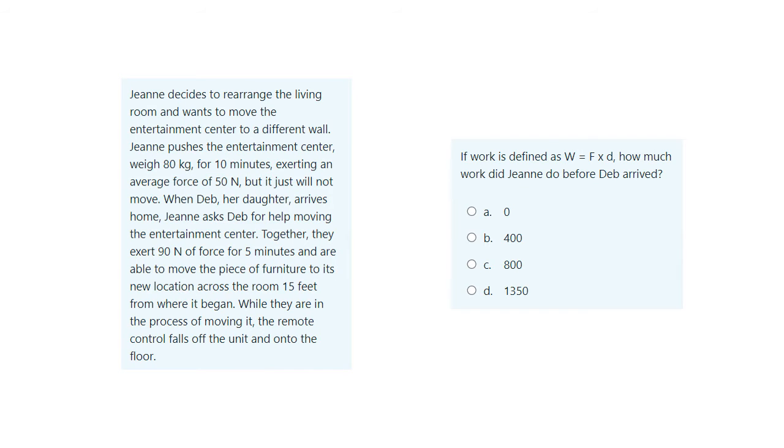Now, work is equal to the force exerted multiplied by the distance the object moves. Before Deb arrived, how much work did Jean do? Well, before, she exerted a force of 50 newtons for 10 minutes.